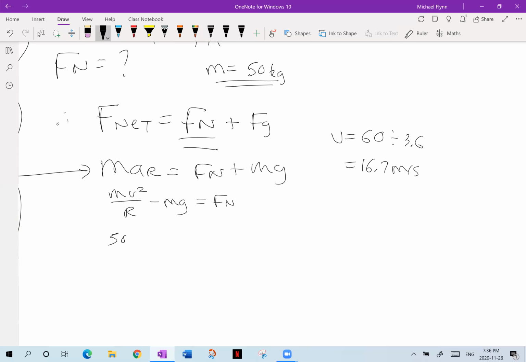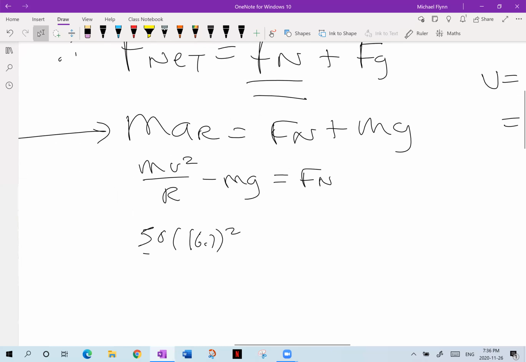It's going to be 50 times 16.7 squared divided by 7 minus 50 times 9.8 equals Fn. All right, so let's square that speed, times it by 50, divided by 7, and then we'll subtract 50 times 9.8.